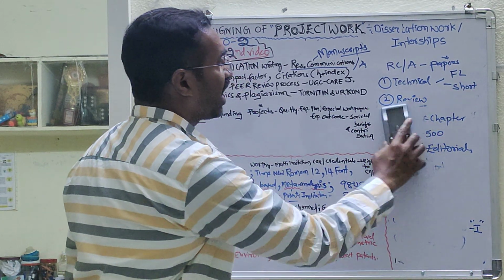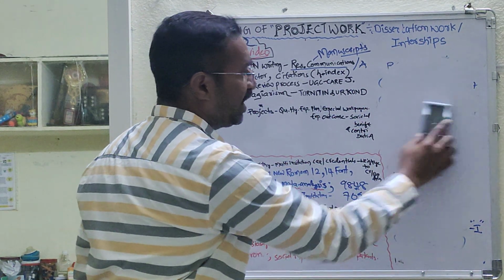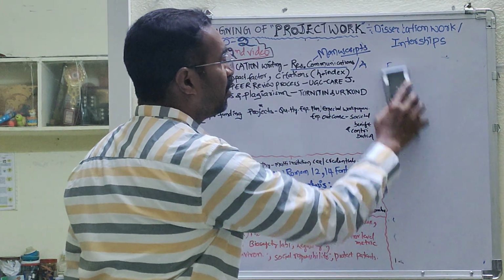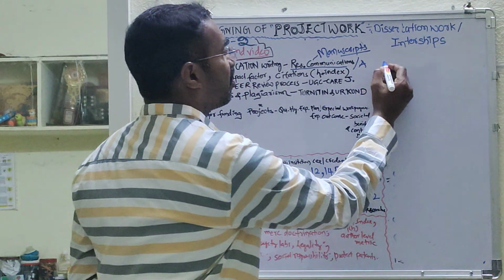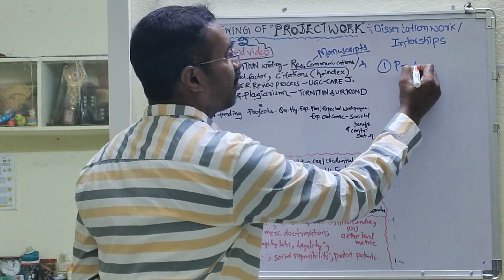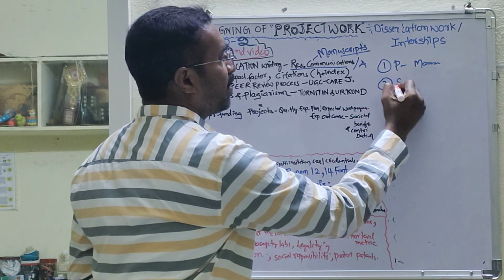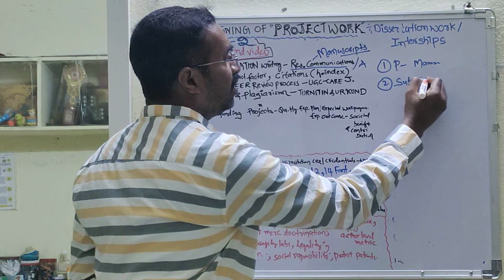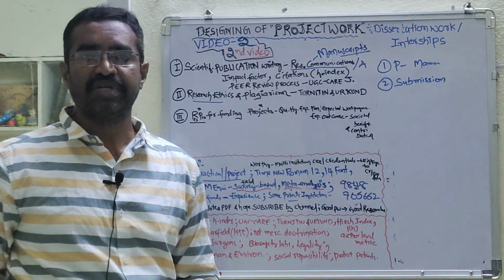After writing a complete research paper, you are going to communicate it, and that communication includes, first, preparation of the manuscript, and second, submission. You submit based on the type of research article.